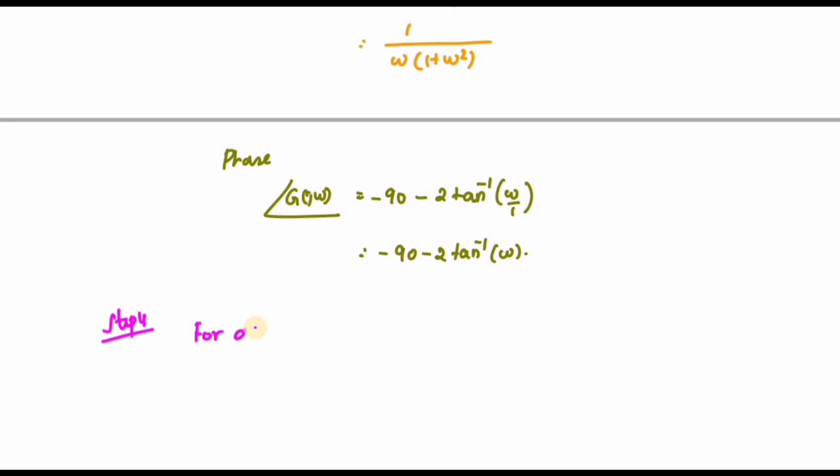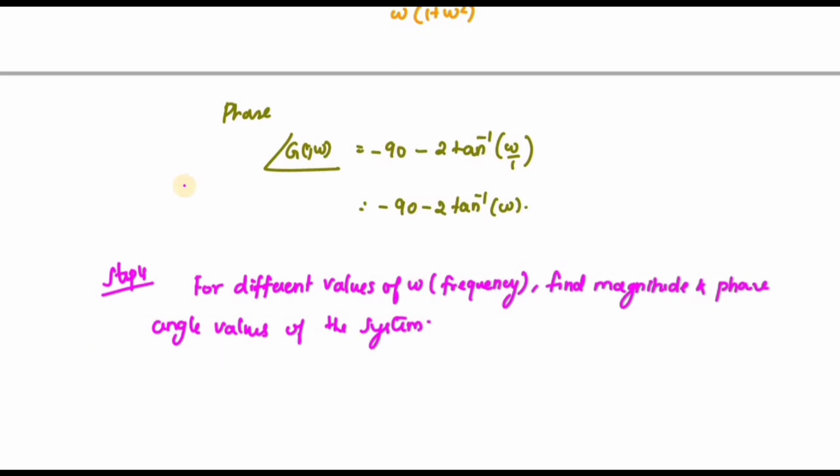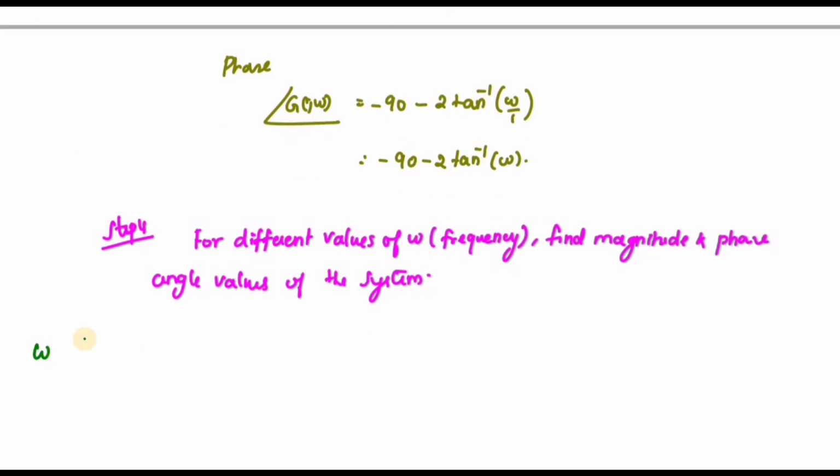I can write this as shown, and step 4 is, for different values of ω, that is frequency, measured in radians per second, find the magnitude and the phase angle of the system. I am just substituting random values of ω: 0.4, 0.5, 0.6, 0.7, 0.8, 0.9, 1, 1.1, 1.2, and 1.3.